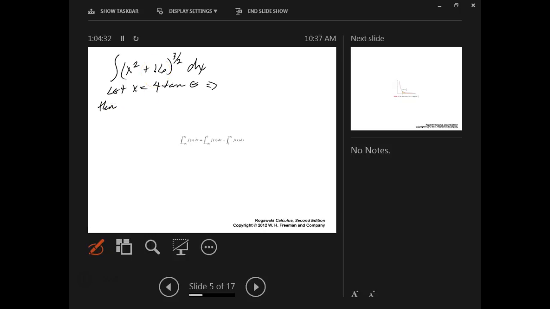What do you want to do first? Okay, you're going this way. All right, that's fine. I usually do it this way. x squared equals 16 tangent squared theta. Okay.